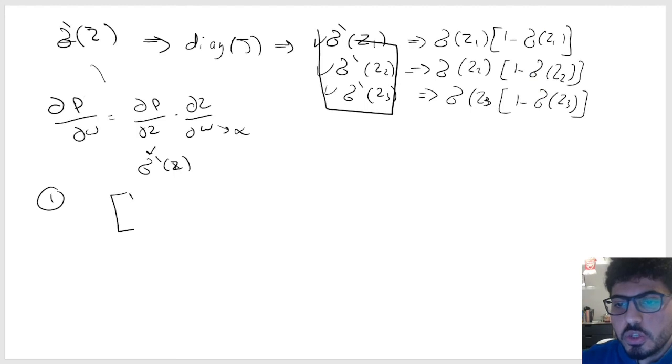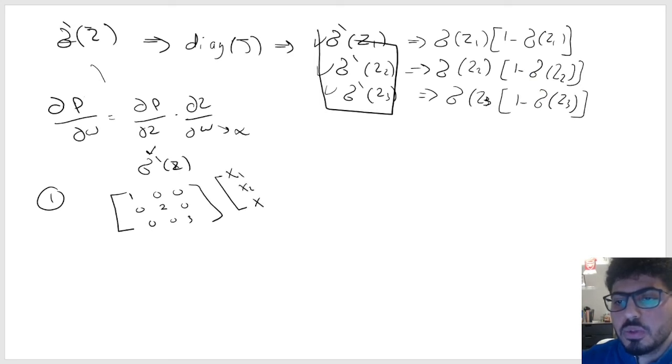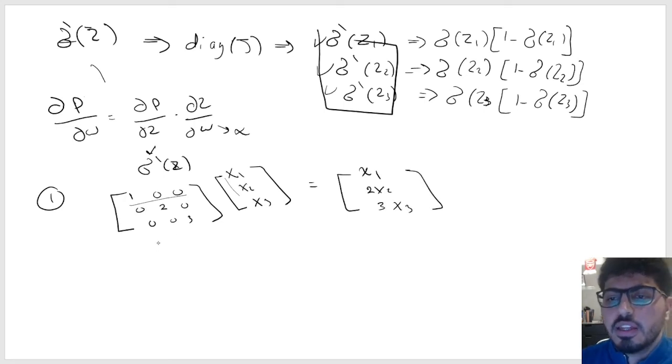So this is our Jacobian, and we will do a multiplication by our X matrix, x1, x2, x3. So row by column, this will result in x1, 2x2, 3x3. This is the inefficient way where we had to use the entire Jacobian.